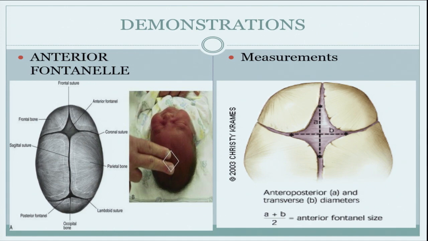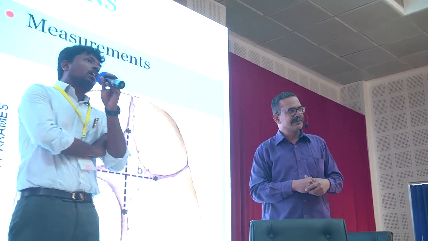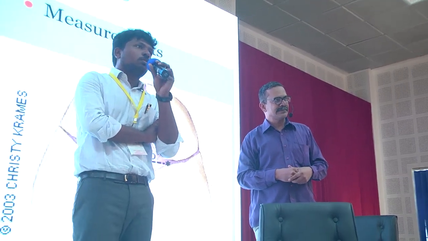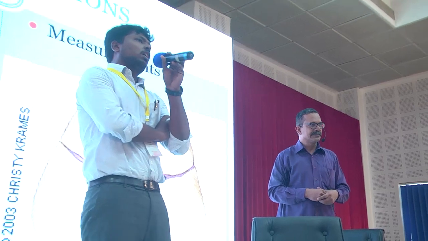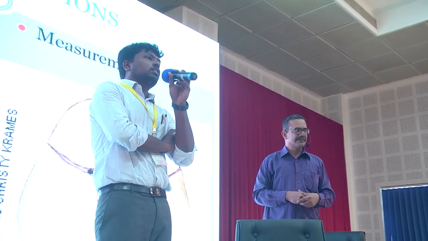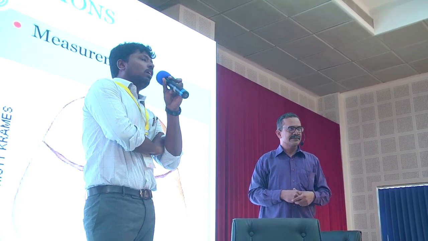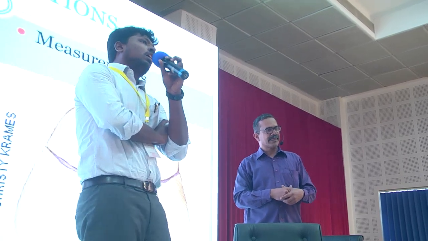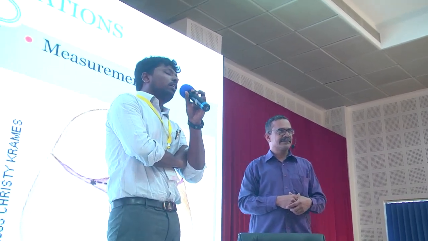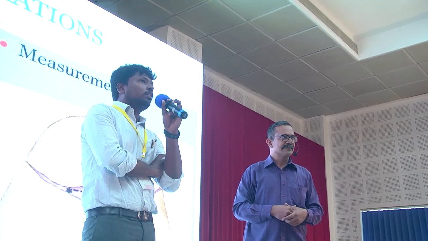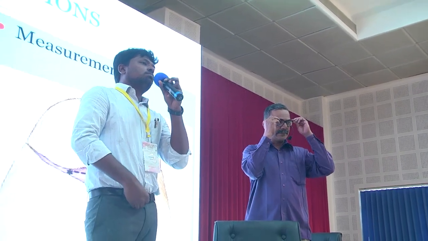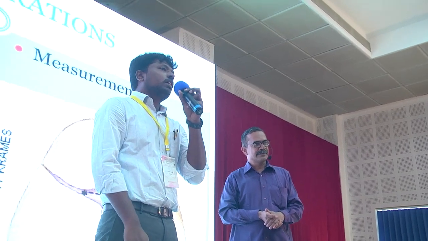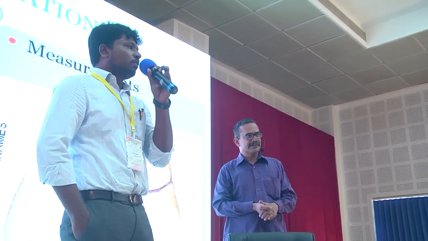They are your examiners. We see large fontanelle in Down syndrome, hypothyroidism, and sunken anterior fontanelle in dehydration. Fullness of anterior fontanelle we see in raised ICT, and sometimes in meningitis.